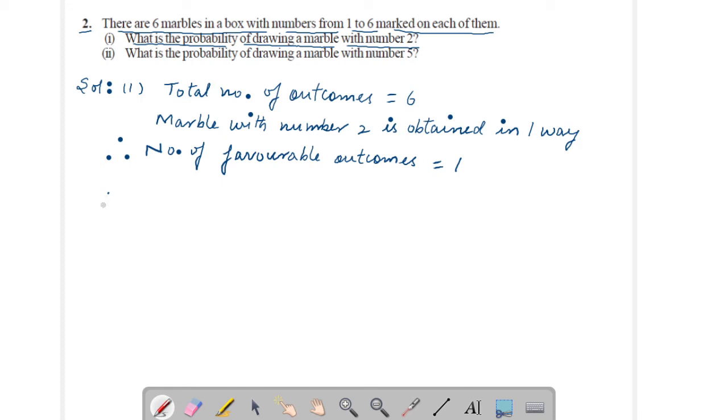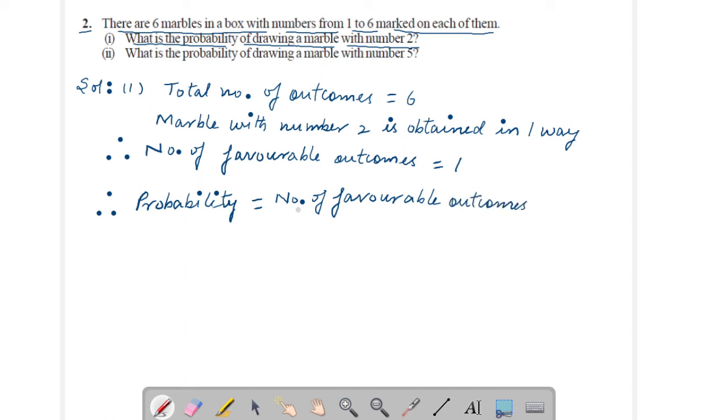Therefore, probability is given by the number of favorable outcomes divided by the total number of outcomes.